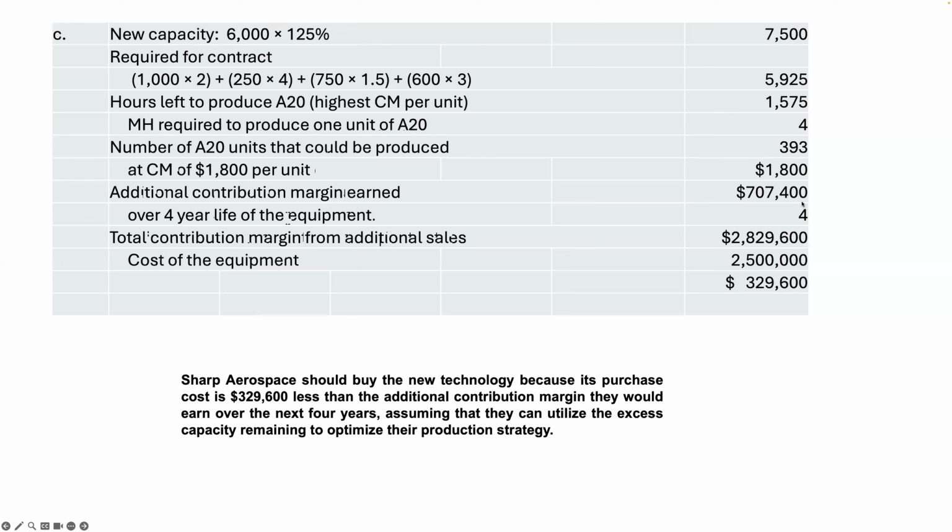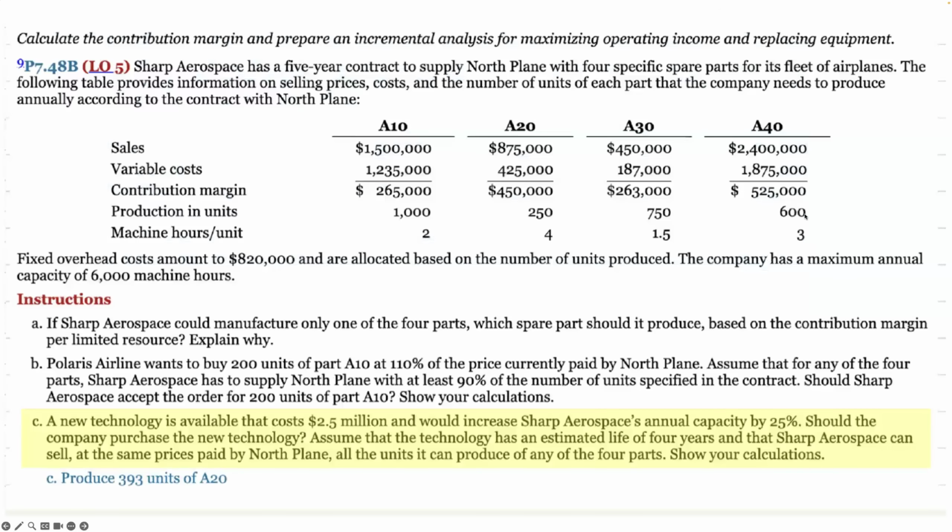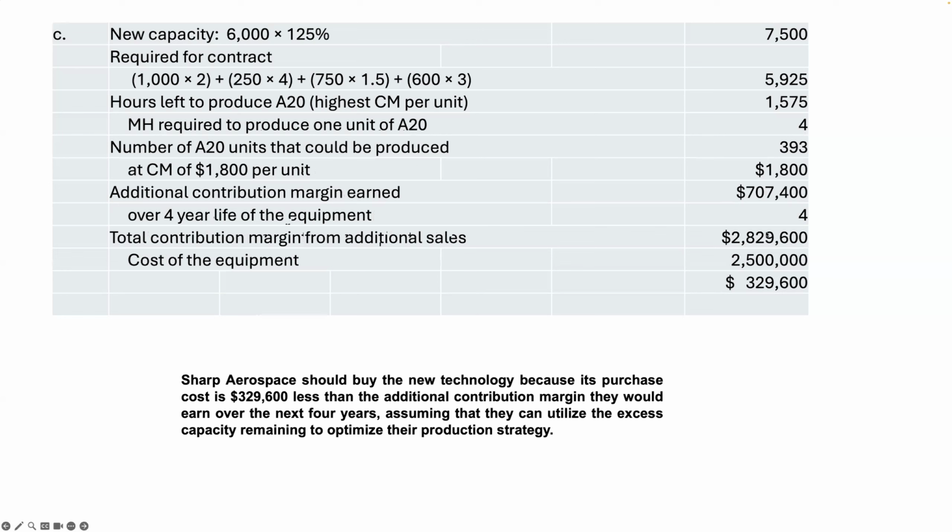This is my total additional contribution margin earned, and this will be earned over a 4-year, right? Over a 4-year equipment life. Okay. So this one times 4 years, each year you have 707,400, right?